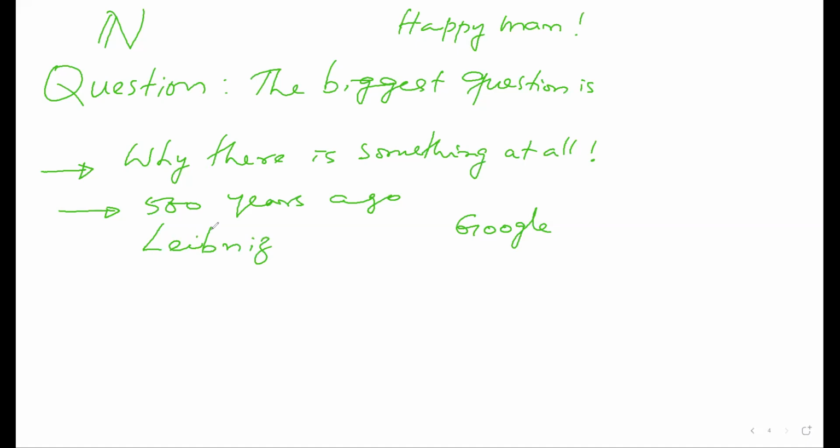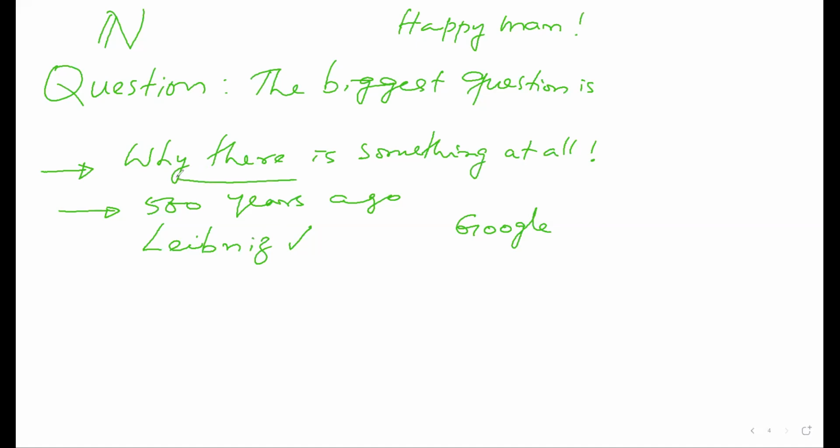Who is Leibniz? Have you heard this name before? He is the co-discoverer of calculus, among other things. He discovered calculus, and Newton also discovered it. They did it independently.